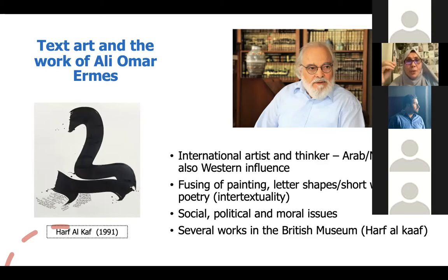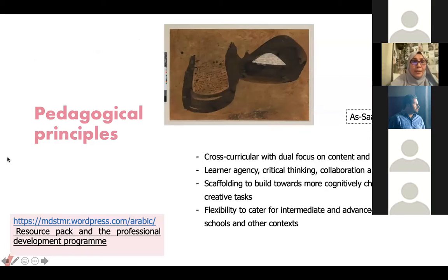So it's up to you how deep you can take it, if the learners are beginner, intermediate, or advanced. He has several works in the British Museum, and I believe in museums in the USA as well. Here is one of his art pieces, Harf al-Kaf.